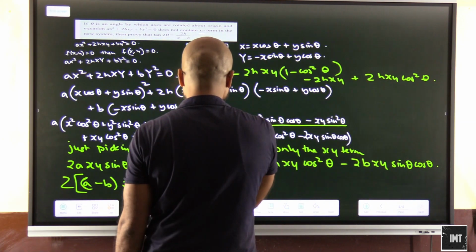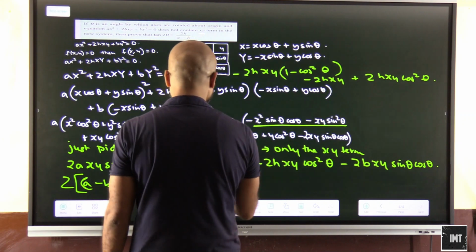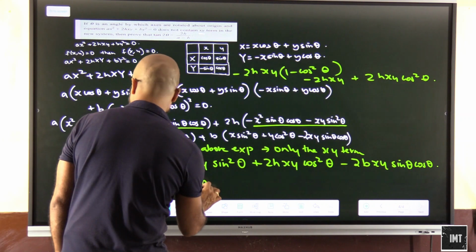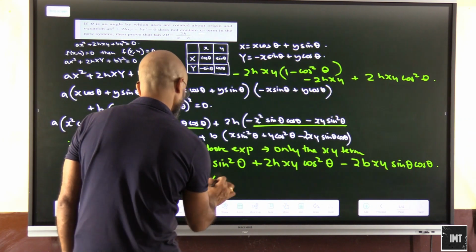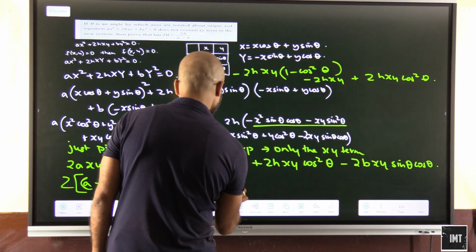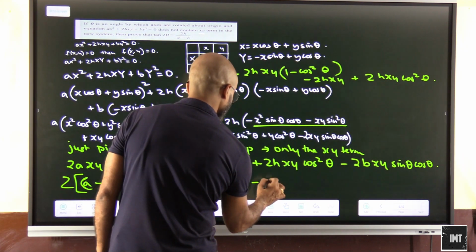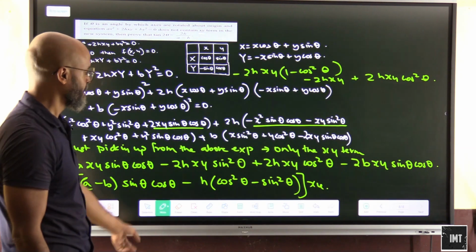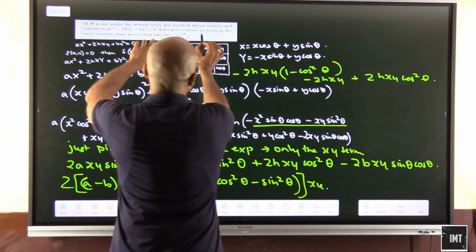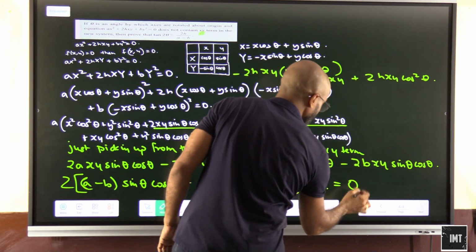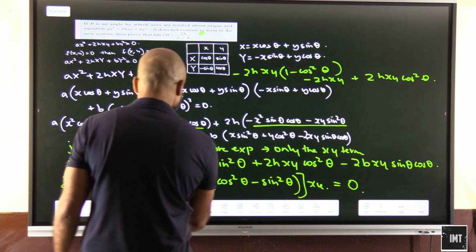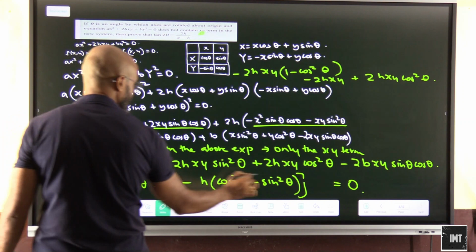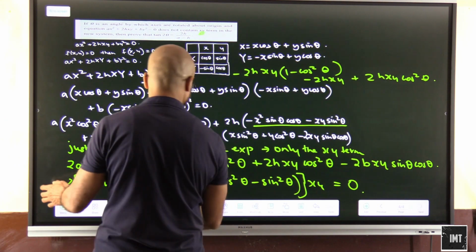So if I take 2h out common here, this will be cos square theta minus sin square theta, right? And the entire thing is in terms of xy. Now this doesn't contain an xy term, so this entire thing will be 0. This is the coefficient of xy, so we can put this entire thing to be 0. Coefficient of xy is 0.